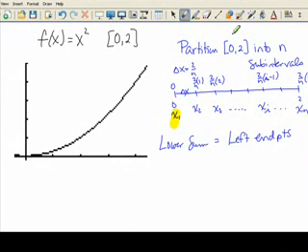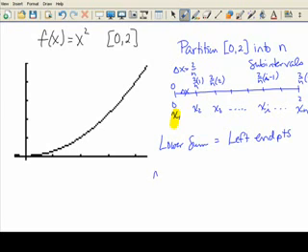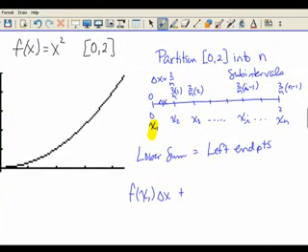So the area for that rectangle would be the function of x sub 1 times the width of that interval. The area for the second rectangle, x sub 2 is going to be the endpoint that we plug into the function, so that's going to be f of x sub 2 times delta x.